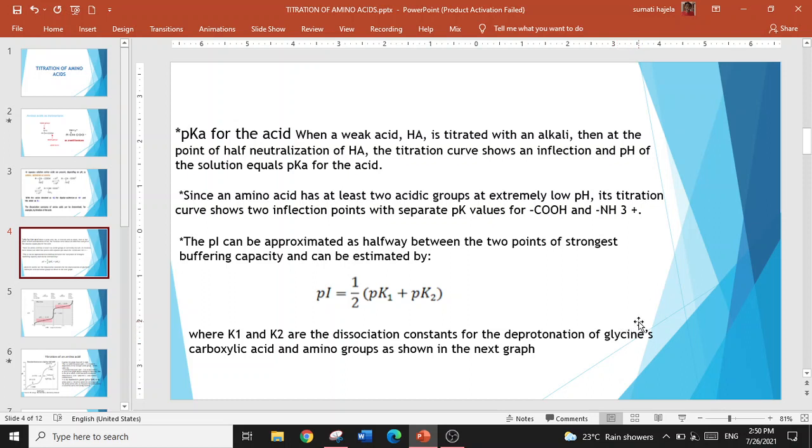If the amino acid glycine is used, glycine's carboxylic acid and amino group are as shown in the next graph.